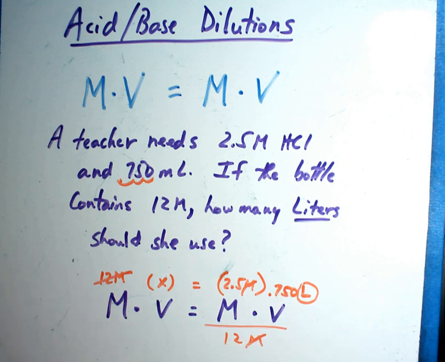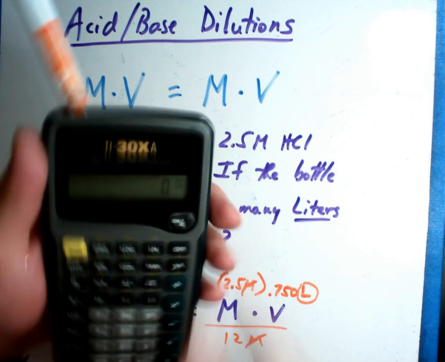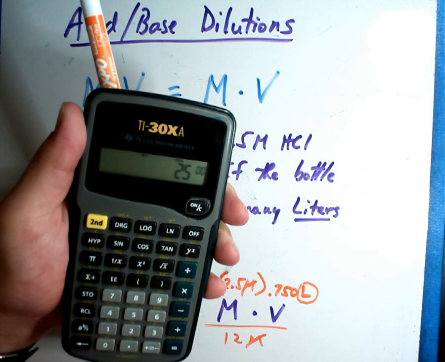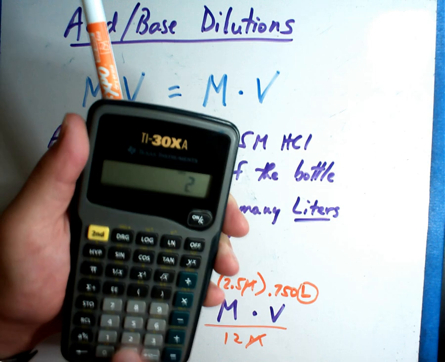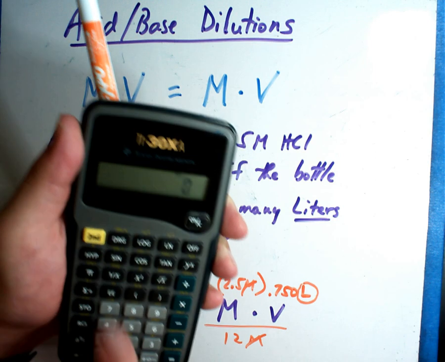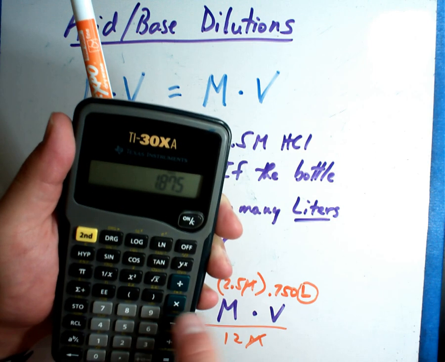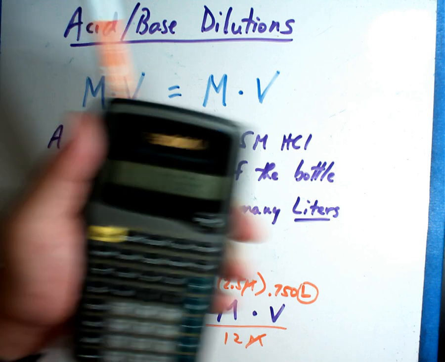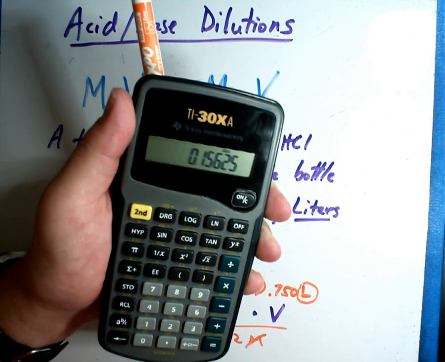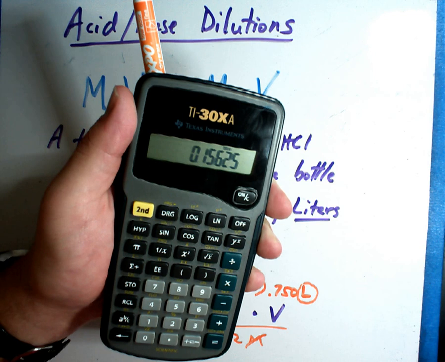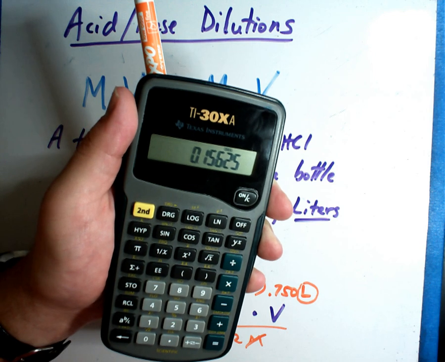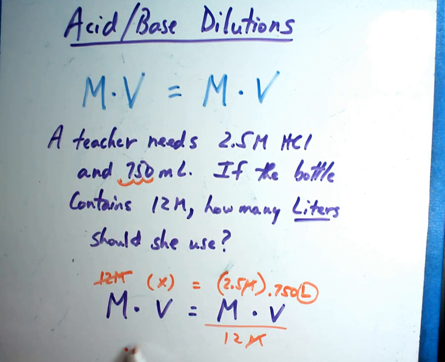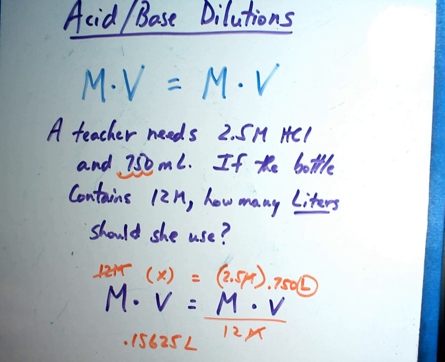So really what I'm going to do is I take my handy dandy calculator, 2.5 times 0.750 equals divided by 12. You'll notice I get that answer, 0.15625, and I'm going to write that down. Now what unit was that in? Well, it's going to be in liters, but I could convert it.